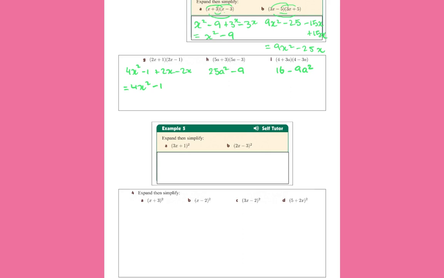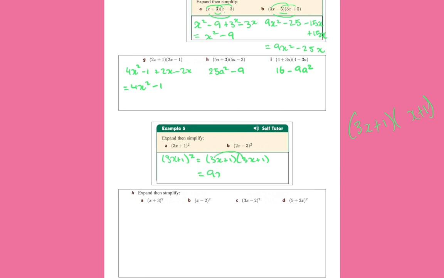Okay, now we'll simplify this one. We've got 3x plus 1 all squared. So the best way for us to do this is to write it out. So we have 3x plus 1, 3x plus 1. And then rainbows.